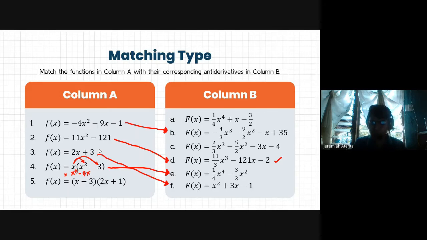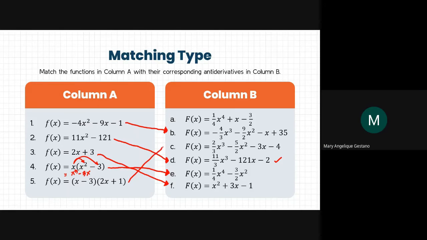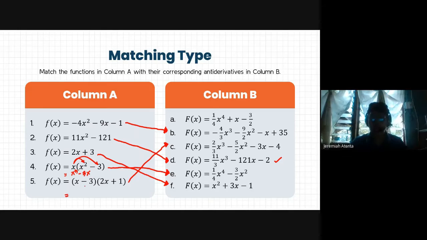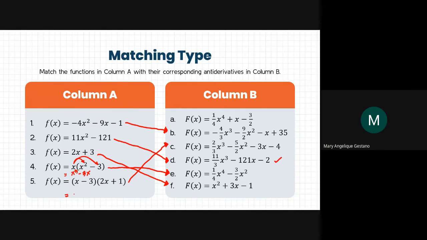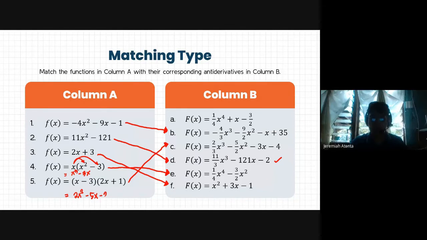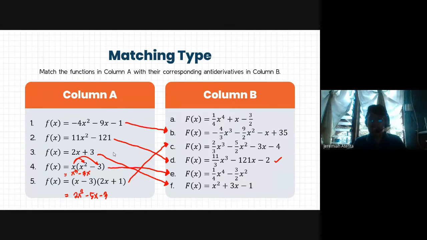Angelique. It's letter C, sir. What did you do first? Distribute sa duha ka term, sir. Okay, so you expand this one. What is the expansion? 2x squared minus 5x minus 3, sir. And after that, you check kung sino yung antiderivative niya. And I think it's really letter C. Okay, thank you very much.